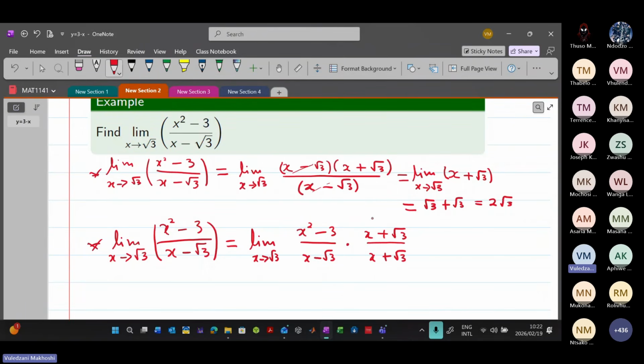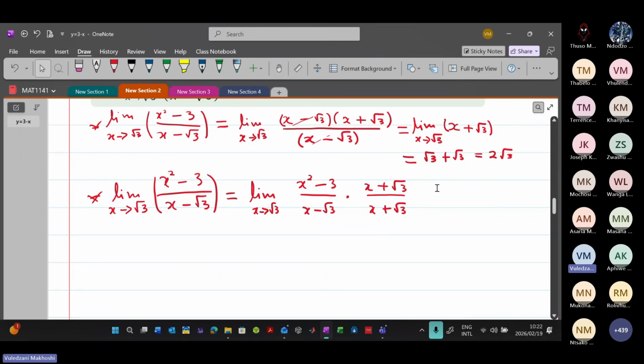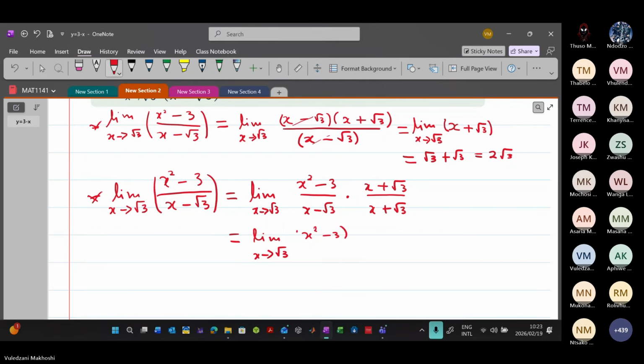So this is 1. If we do that, then we are going to have the limit as x approaches square root of 3 of x squared minus 3 into x plus square root of 3, divided by this product.